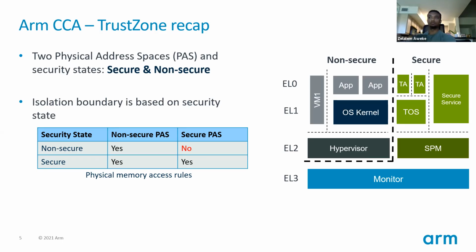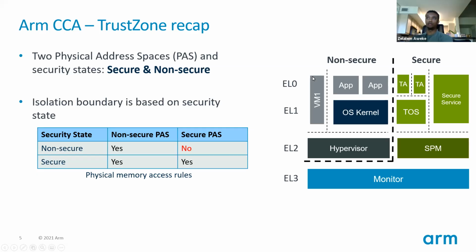At the bottom in EL3, we have a monitor that's also running in the secure state. At EL2, we have a non-secure hypervisor, and if the architecture supports secure EL2, we'll have a secure partition manager. In EL1 we have the kernels, and on top of that we have apps.